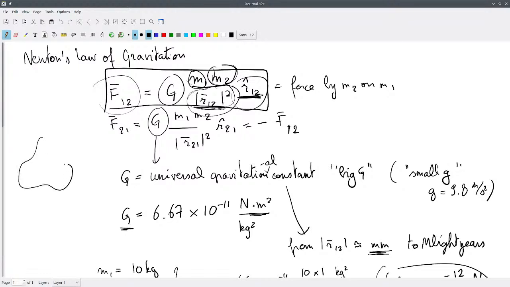If you have some oddly shaped object, you can just attach it to the ceiling here with a little piece of string, and it will orient itself such that the tension in that piece of string and the gravitational force are in the same line, that the line of action is shared there.